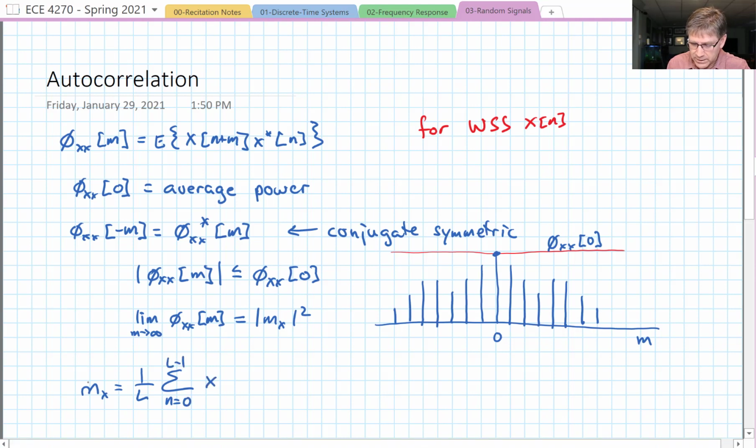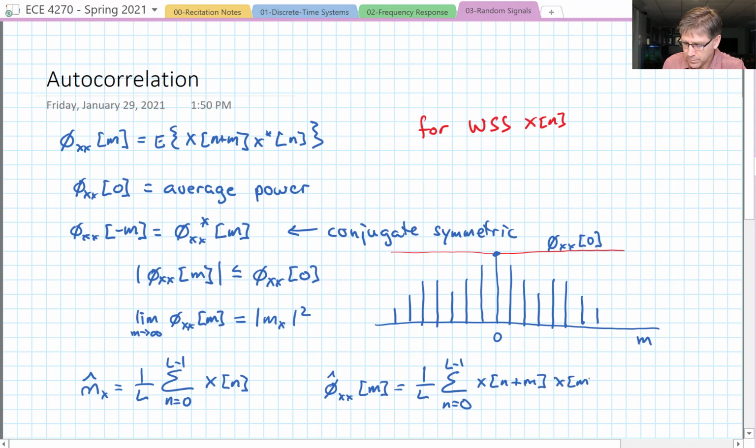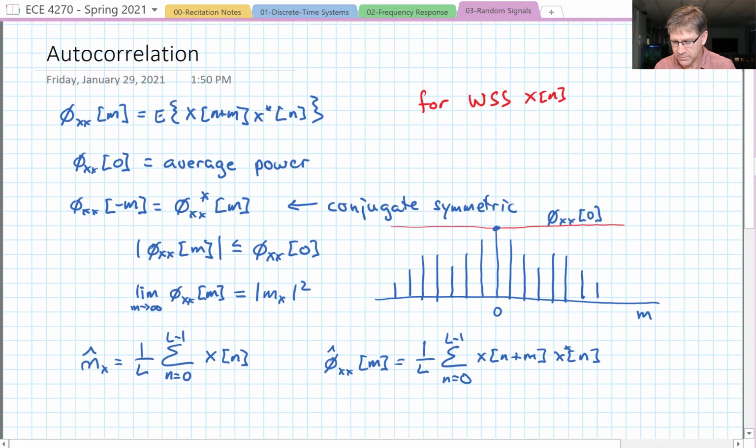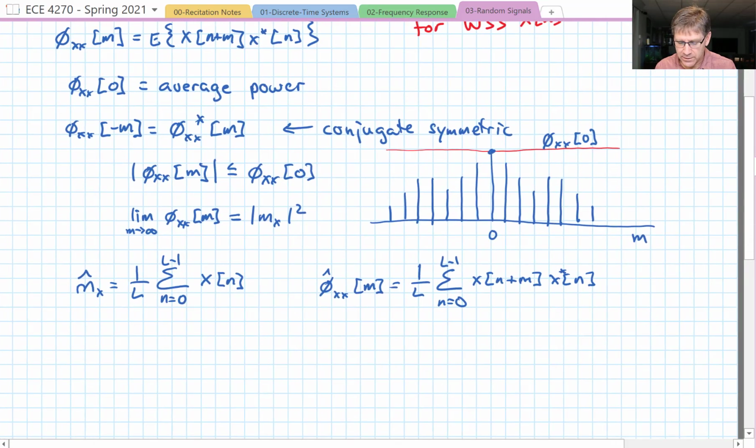If we want to approximate the mean, and we have a wide-sense stationary process, we can just do that by averaging L values and dividing by L. In similar manner, if we want to estimate the autocorrelation for each lag, we find the product of two samples at that delay and average them together.